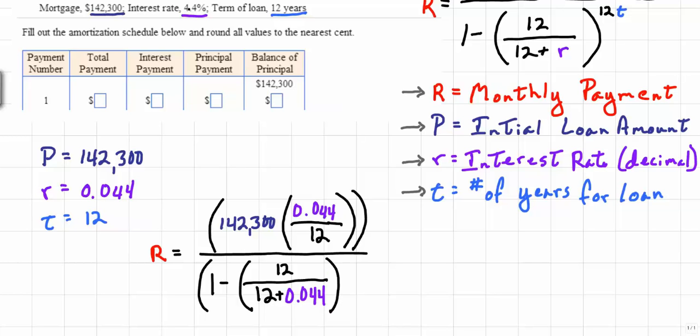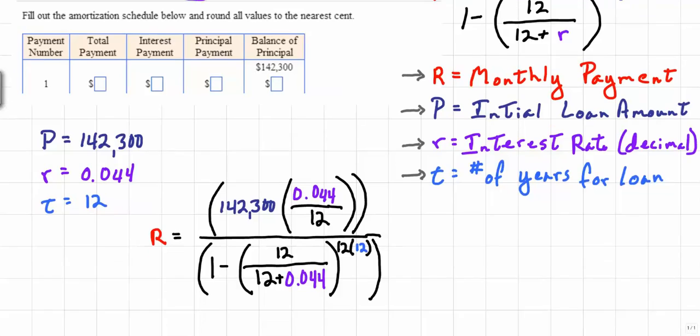Now I'm going to write my exponent, which is 12 times t. Notice that I'm going to use parentheses here to enclose t, which in this case is 12. And then I'm going to close out the large set of parentheses that began this whole thing. This is what I'm going to type into the calculator.